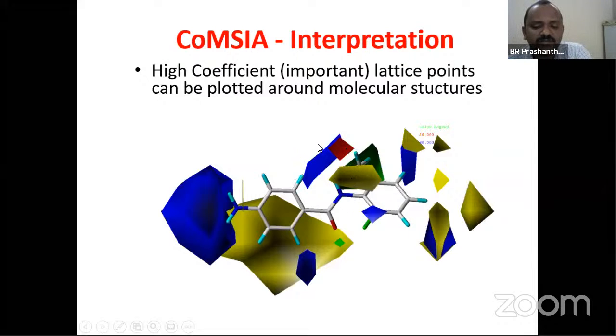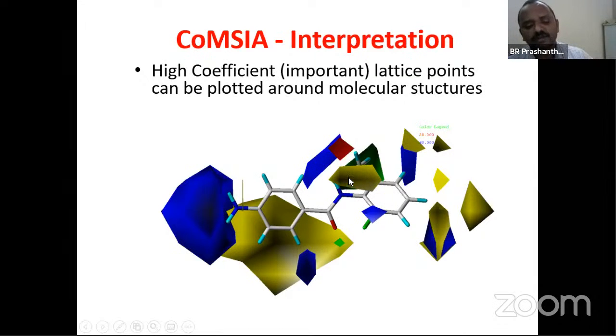This is with respect to CoMFA. If you take CoMSIA into consideration, then hydrophobicity also comes in, and hydrogen bond donor and hydrogen bond acceptor also come in, and we have to give different color codes for those. The beauty of 3D QSAR is that we get a contour map like this, which guides us to develop newer molecules.